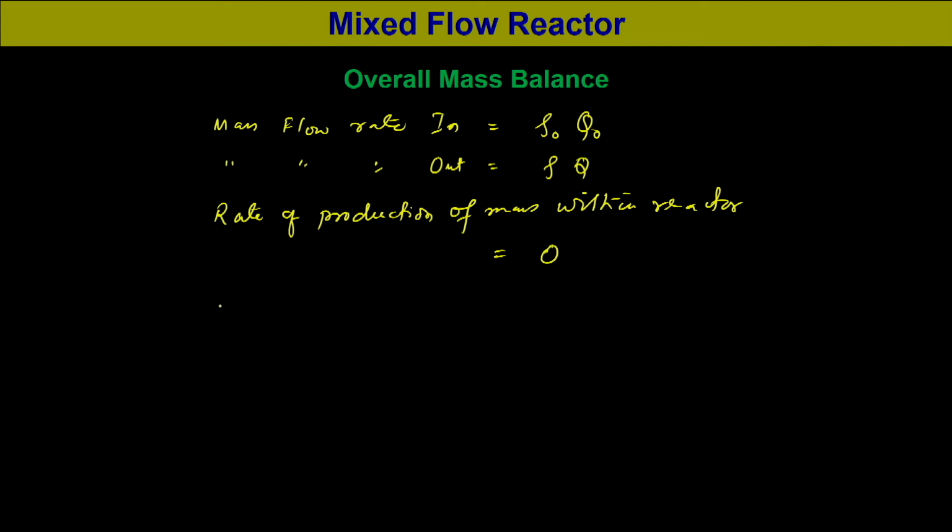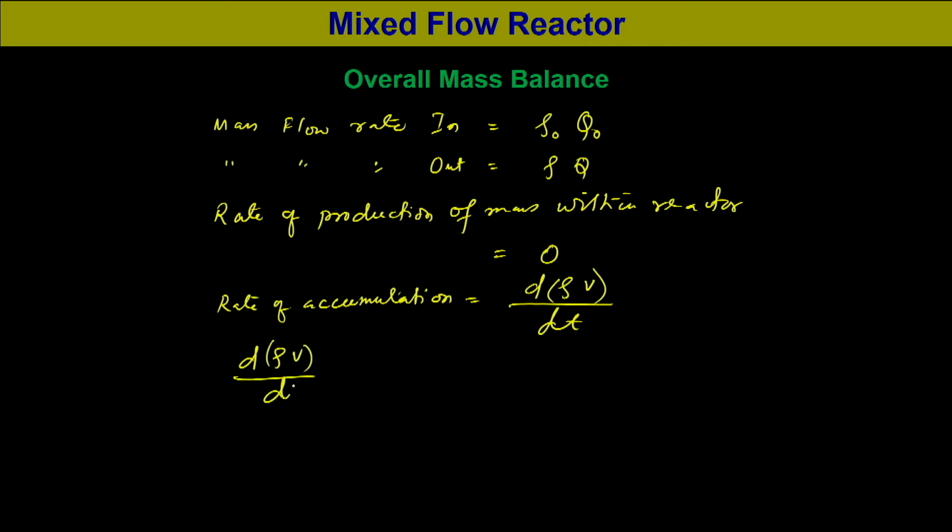So, the rate of accumulation would be equal to d rho V dt, and all these terms have the usual meaning and significance. So, the overall mass balance equation should be d rho V dt equal to rho naught Q naught minus rho Q.